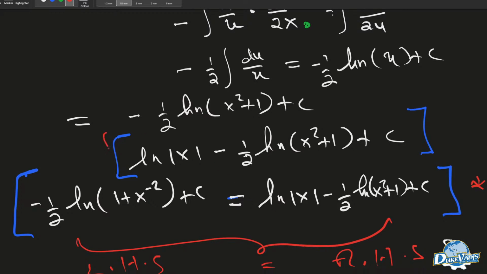So this was the second approach, the partial fraction approach.